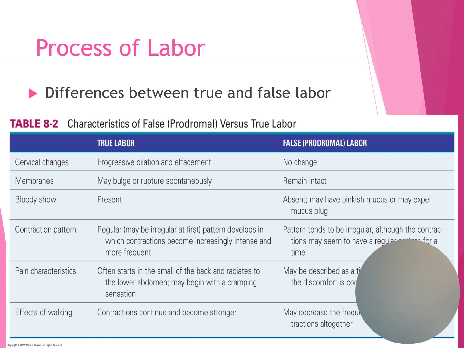And the process of labor. How do you tell the difference between true labor and false labor? I'm going to give you just a little tip. With the process of labor, mom is going to have contractions. They can either get stronger, they can get longer.